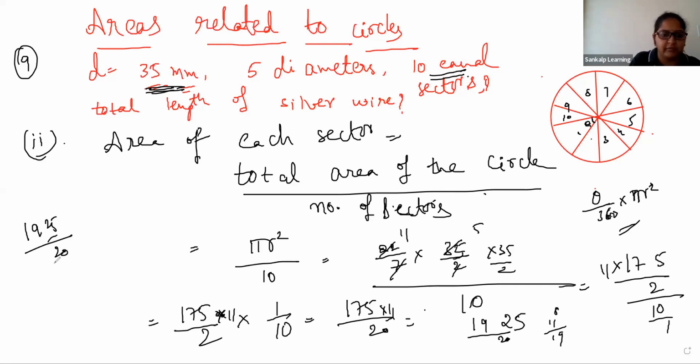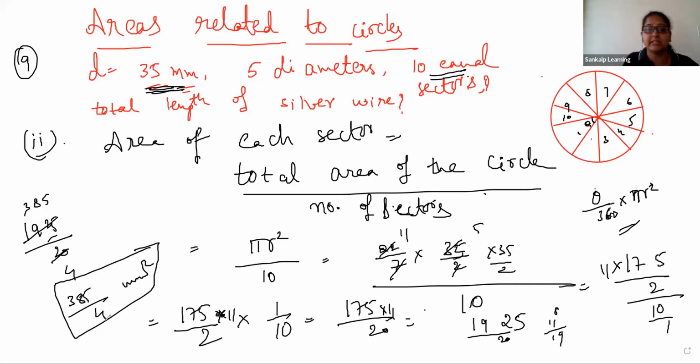We can cancel it by 5. 5 4s are 20, 5 3s are 15... 5 385s. So 385 by 4, or we can keep 385 by 4 millimeter square. This is the area of each sector.